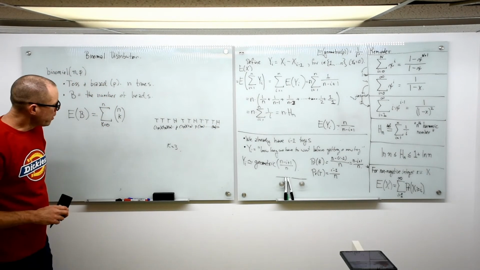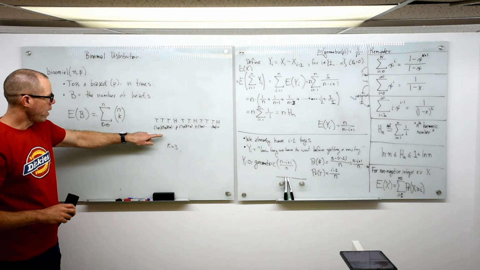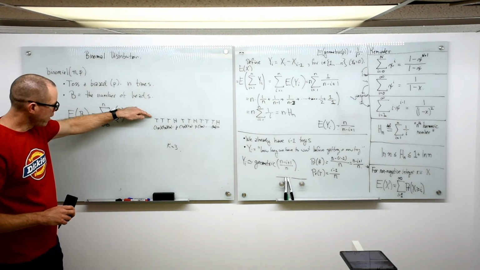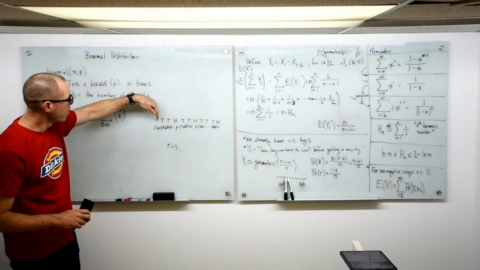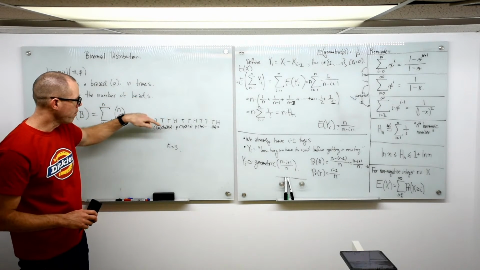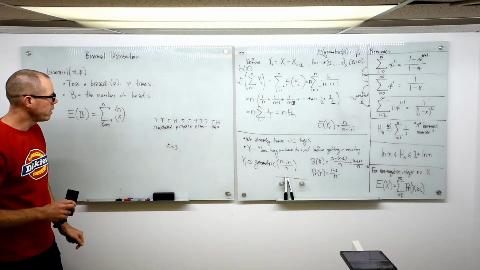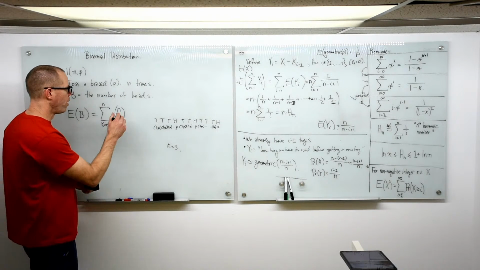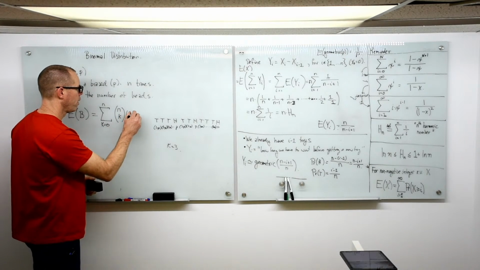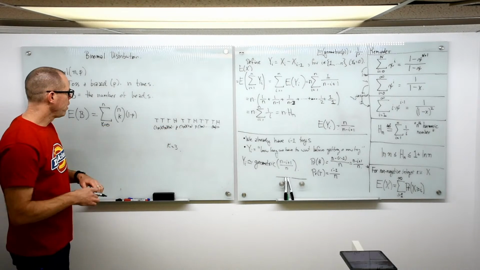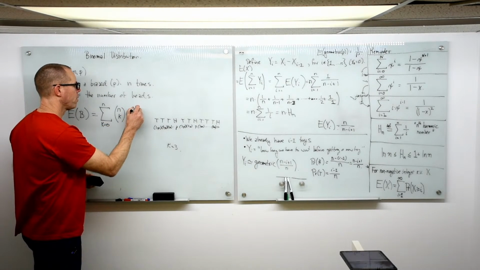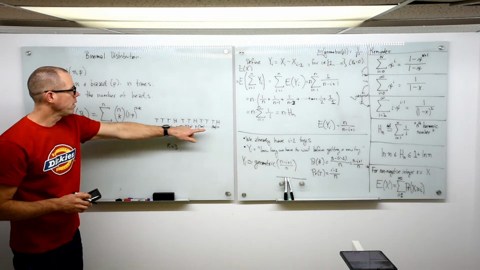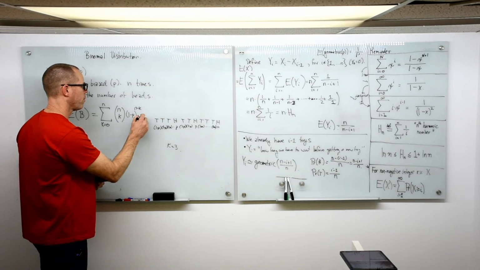And coin tosses are independent, so the probability of getting exactly this outcome and this outcome and this outcome and this outcome is just the product of these probabilities. And if we look here, we see that 1 minus p appears n minus k times, and p appears k times.